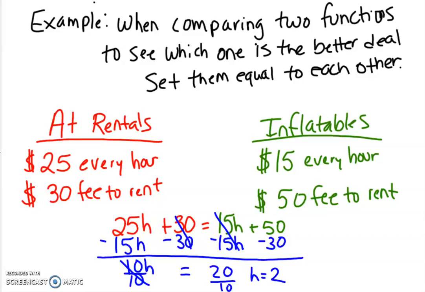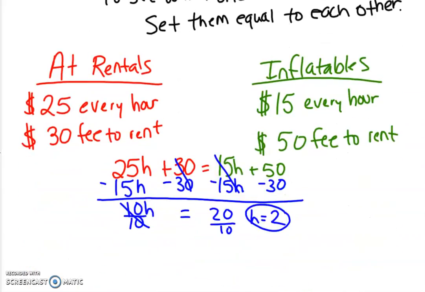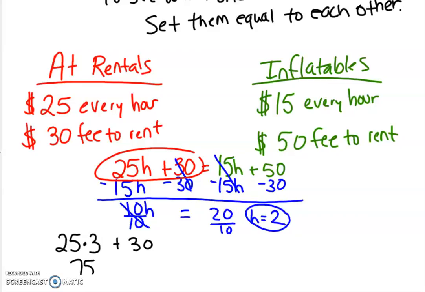So you want to know which company is best. Well, just take your 2 and plug it back in. So for the A Plus Rentals, here's your equation. So you would say 25 times, well, let's do 3 hours. 3 hours would be $75 plus 30, which would give you $105.